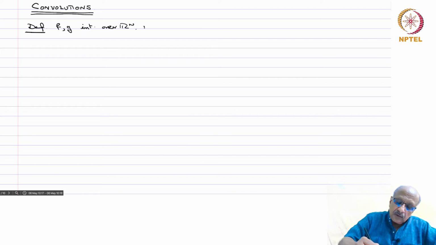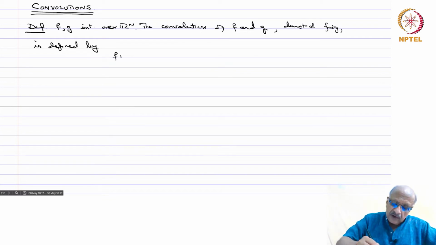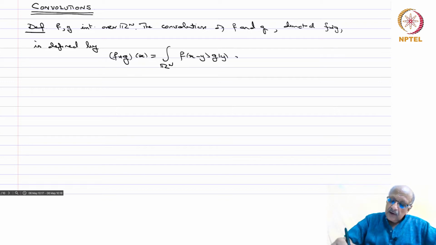The convolution of f and g, denoted f star g, is defined by (f star g)(x) equals the integral over Rn of f(x minus y) g(y) dm_n(y), for x in Rn.